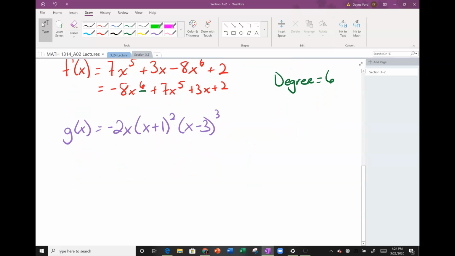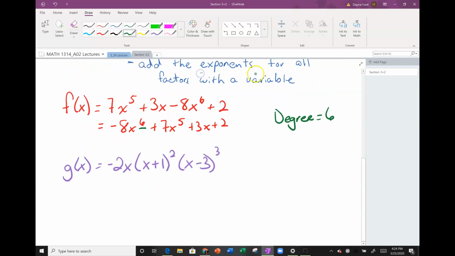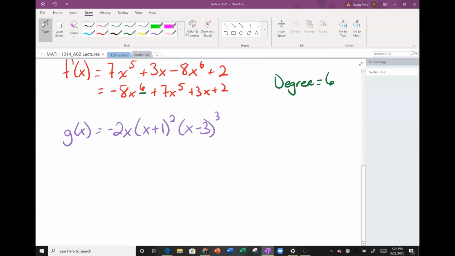Now, the second one for g of x, it's actually different. I said we add up the exponents for all the factors with a variable. So one of the things to note is this has 3 different factors. And each of those factors, because those are the things that are multiplied together, actually has an x in it, a variable in it. So I have to look at this first one, and remember that this x has an exponent of 1.